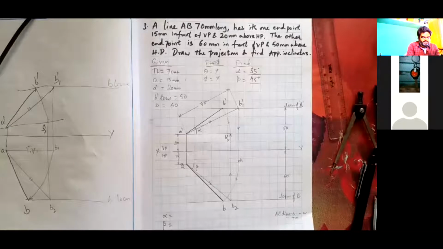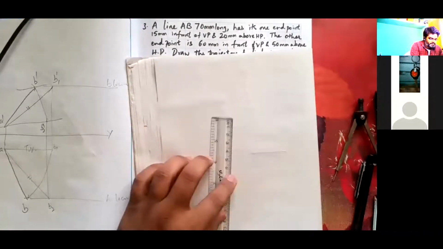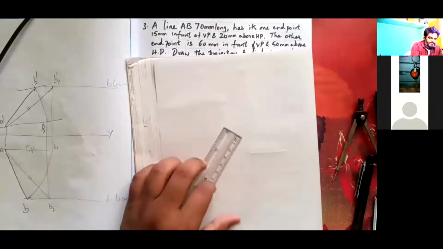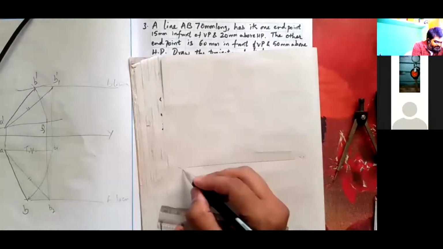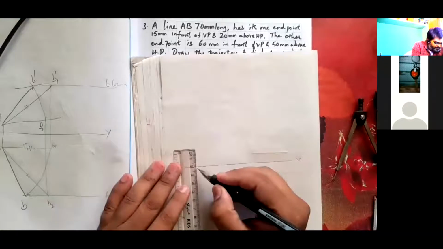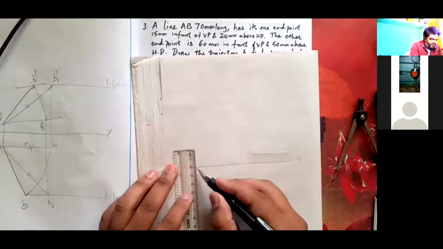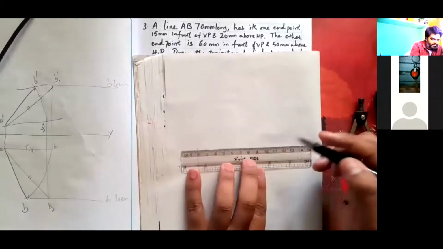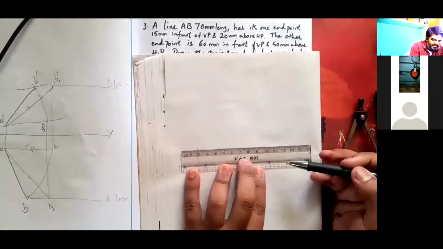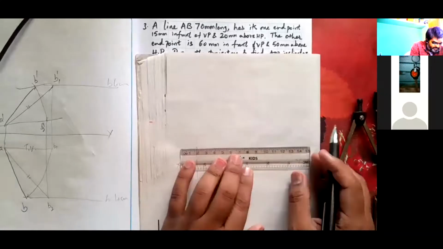Yes, sir. When you are writing on an unruled copy, if this is the XY line, you're marking 20 here, and 15 here. But when you draw this line, it will not be parallel. When you draw a horizontal line, it will not be exactly parallel. So if you draw a line, you have to check again whether it is 20 or not.